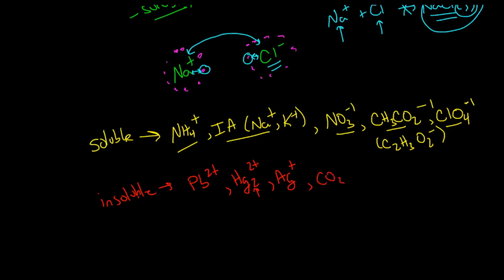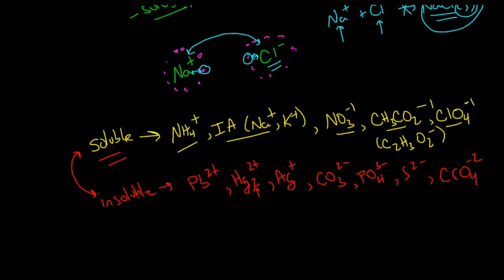Anions, we have carbonate, that's almost always insoluble. Phosphate, almost always insoluble. Sulfide, and chromate. So if you see any of these cations or anions, the compound is almost definitely insoluble unless they're partnered with one of our soluble ions. So our soluble ions trump our insoluble ones in these two groups.